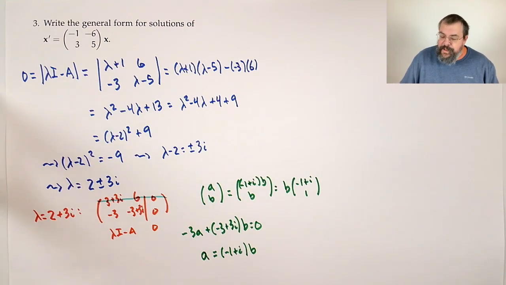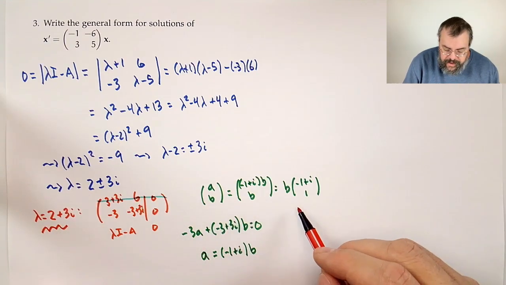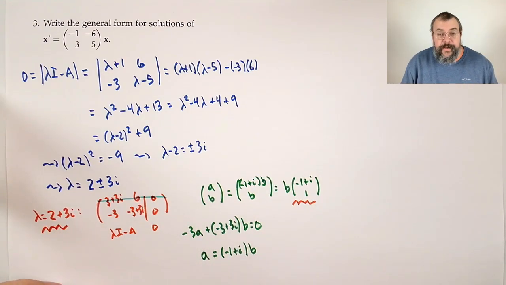You can choose b to be anything. You can even choose b to be a complex number and get other eigenvectors as well. All right, where do we go from here? We have our eigenvalue. We have our eigenvector. And now what we do is we combine them together.